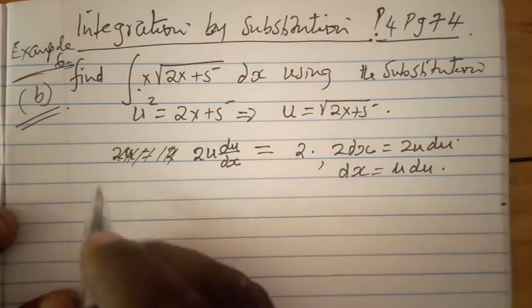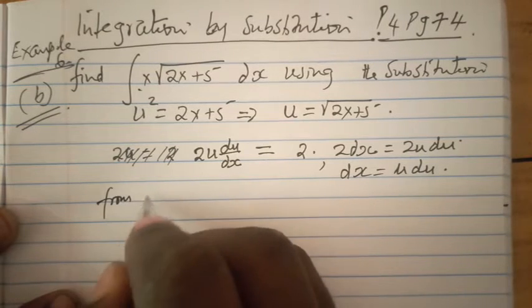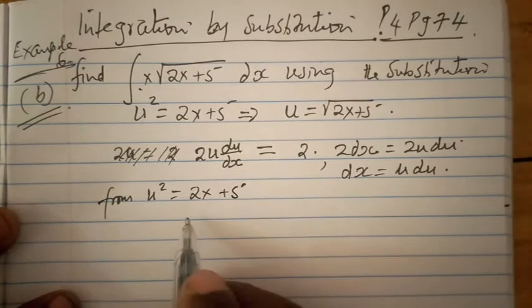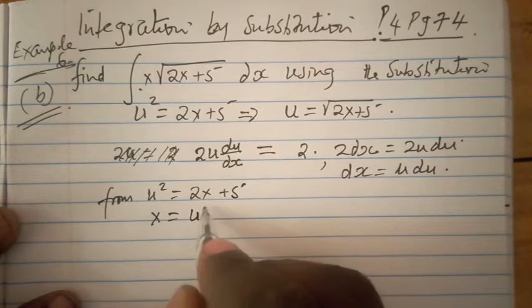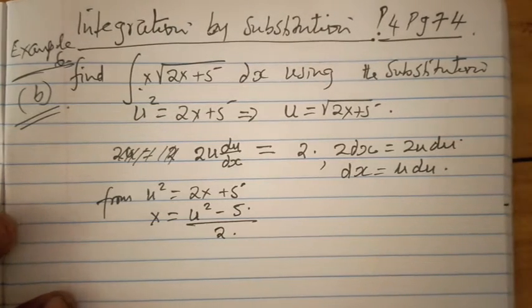Making x the subject of the formula from u squared equals 2x plus 5, x is equal to u squared minus 5, everything over 2.